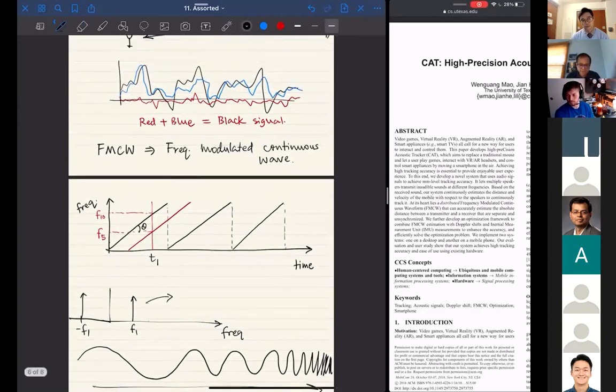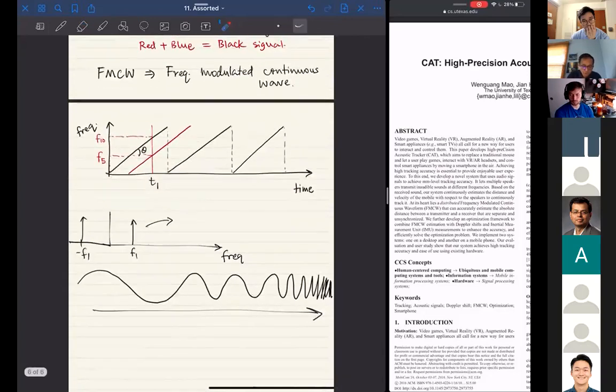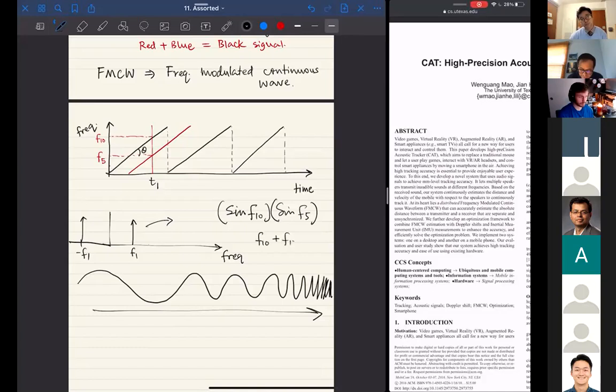Meaning the red and the blue signal over here is coming. There are ways to multiply the signals that are coming. Those are called mixers. So now when you multiply a sine F10 with a sine F5, what do you get? You basically get frequencies F10 plus F5, and you also get F10 minus F5. So what is F10 minus F5?